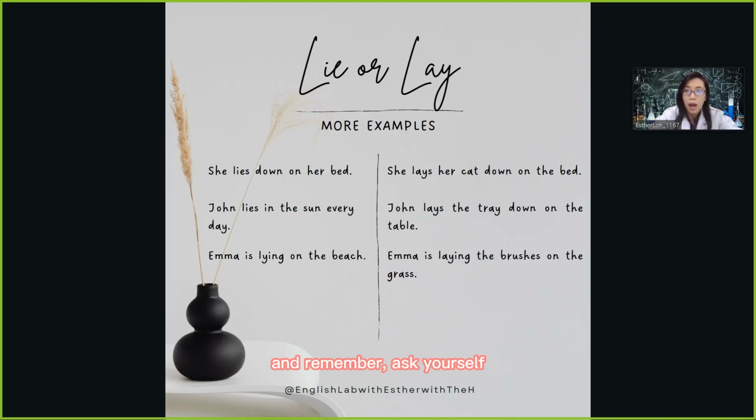And remember, if you want to know whether this lay or lie contains any object in these examples, ask the same question: lie what, and lay what? If you look at lies and lying here, is there any object? The what? No, right?